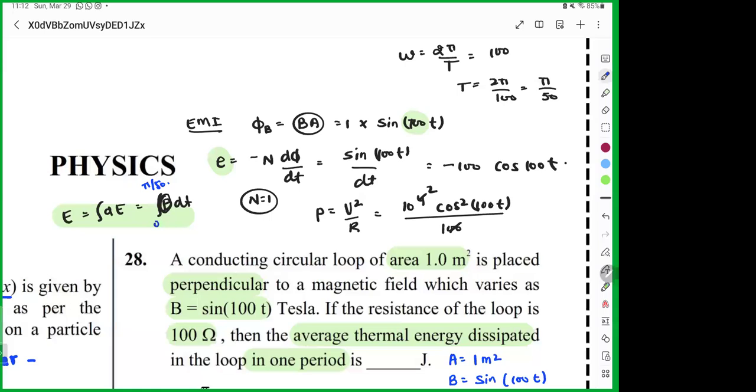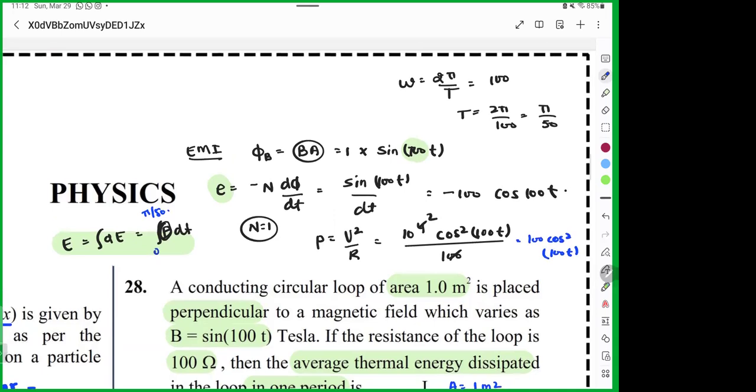Correct. Example: if you got final value 100 cos square 100t. Now, if you integrate this, what will be the cos square dt integration?